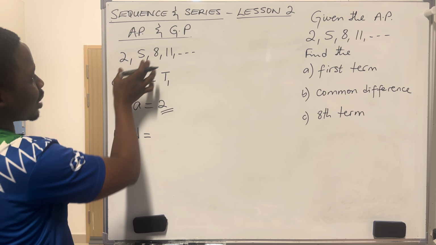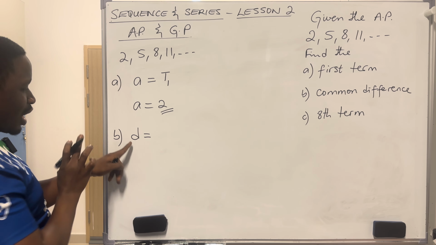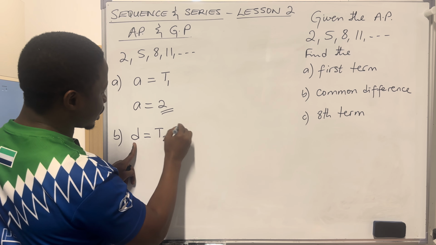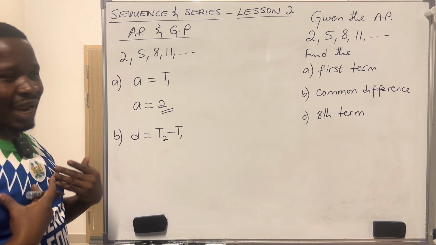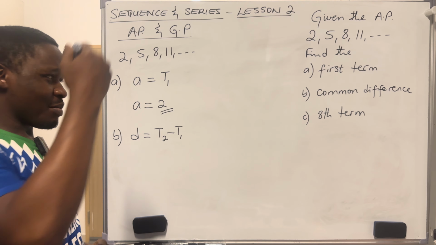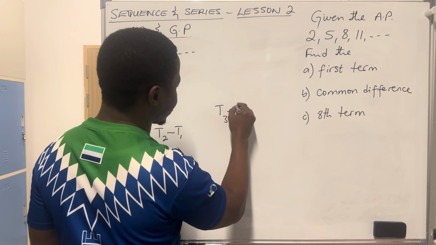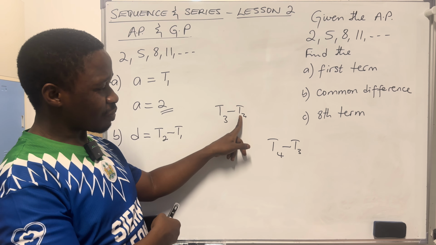For AP, you know that this one is an AP. For AP, the common difference is T2 minus T1. I can write T2 minus T1. My friend can choose to write T3 minus T2. You that is watching can choose to write T4 minus T3. What is important here? If you start by saying T3, you must say T2.